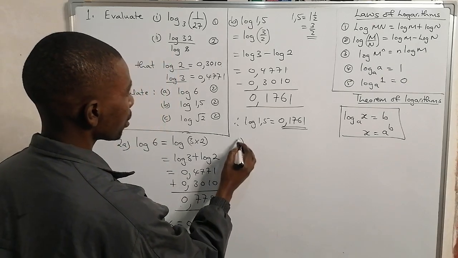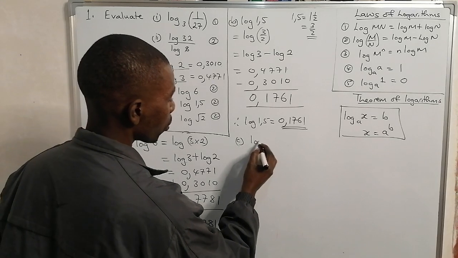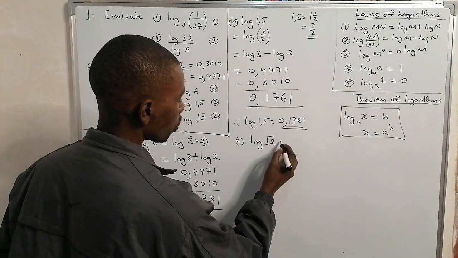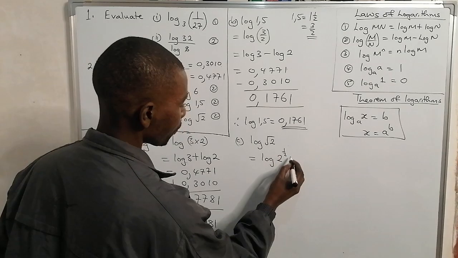Then part C, log square root of 2. Log square root of 2 is the same as log 2 to the power half.